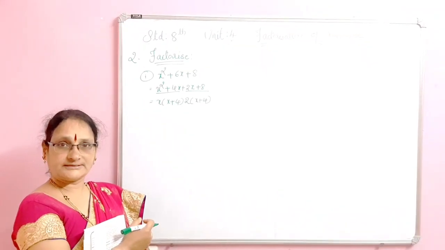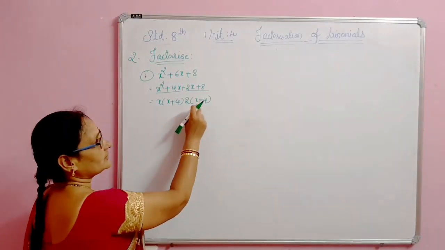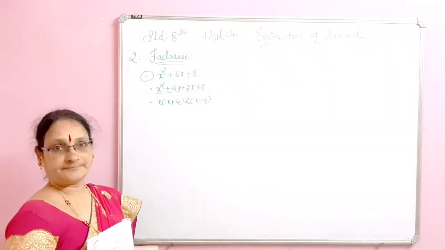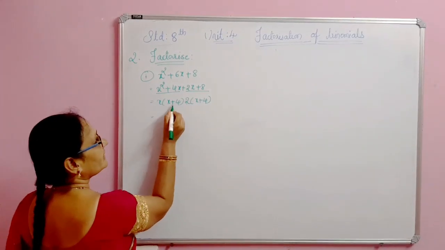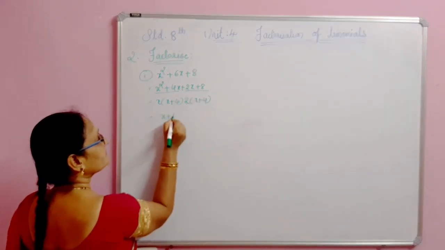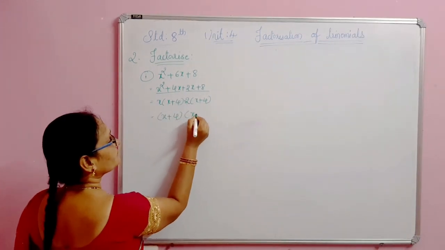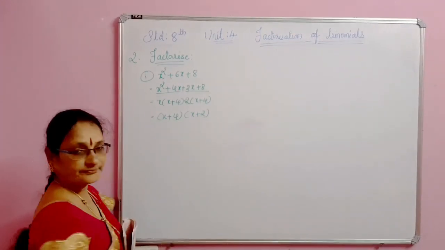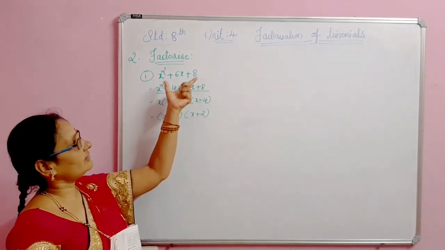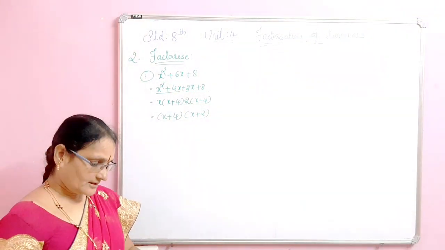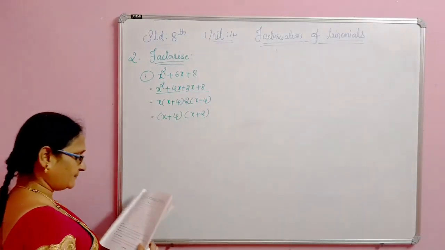Whenever you factorize, both brackets should be the same, so that we can take one common bracket. x plus 4 is common. Here, x plus 2. This is the factorization of this expression. Then, second one is x square plus 4x.